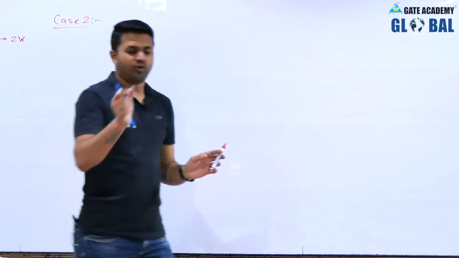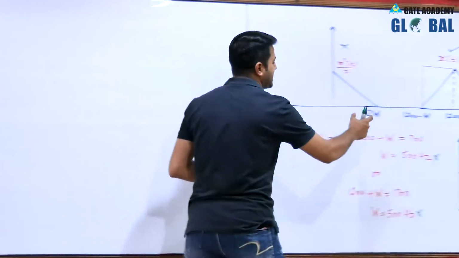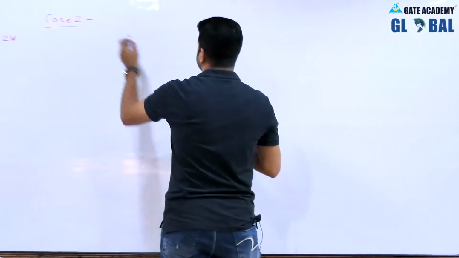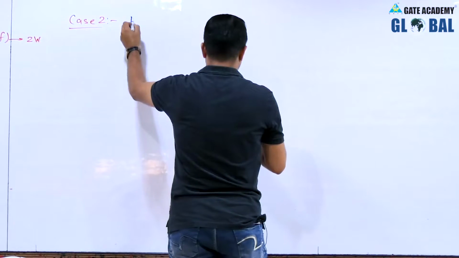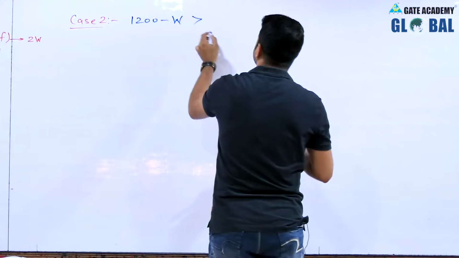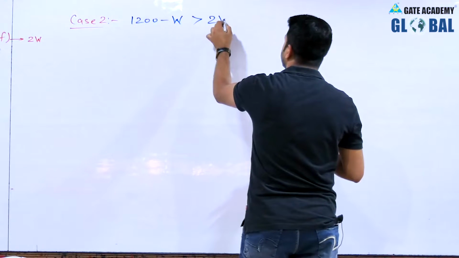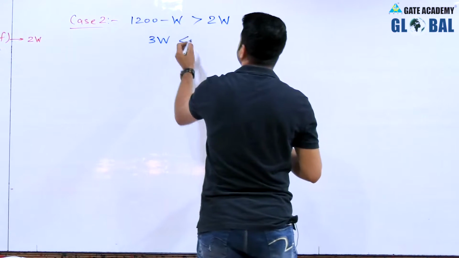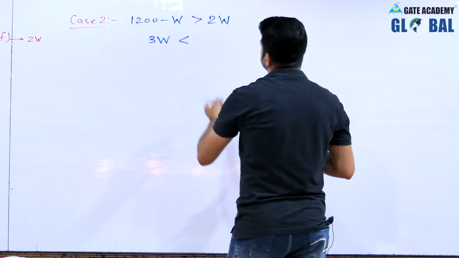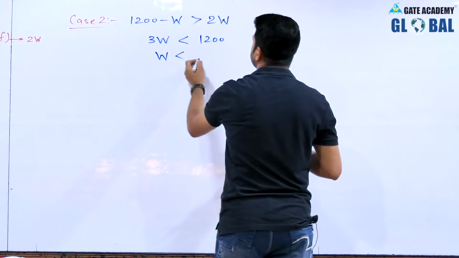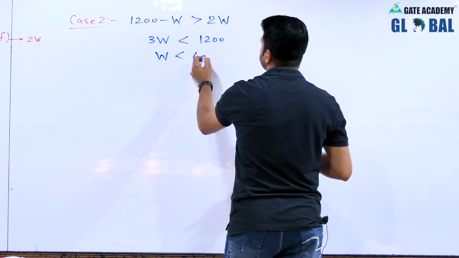And for non-overlapping, 1200 minus W should be greater than 2W. Then it will not overlap. And from here also we are getting some value of W: 3W is less than 1200, or you can say W is less than 400.